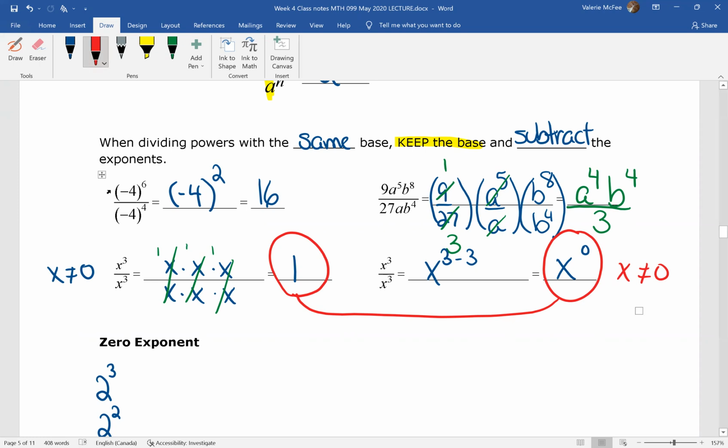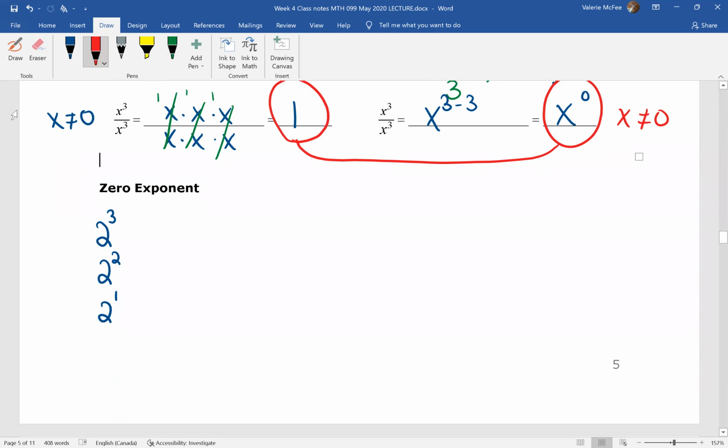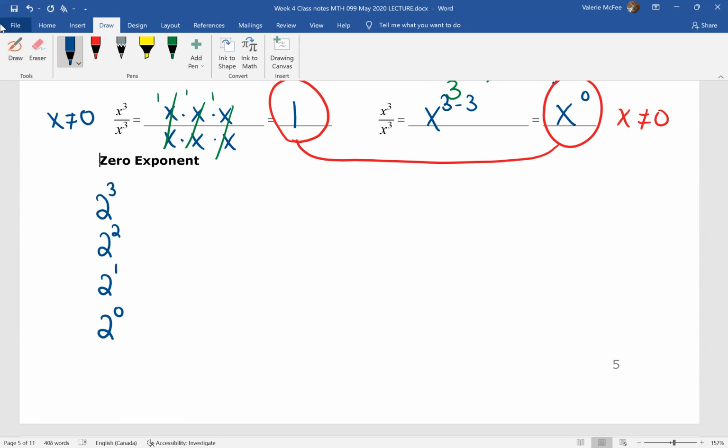I wanted to look at that with you in another way. I know you don't have this in your notes, but let's do this here. I think my 2 to the power of 0 went on to the next page there. There we go. So we know 2 cubed equals 8. 2 to the power of 2 is 4. 2 to the power of 1 equals 2.